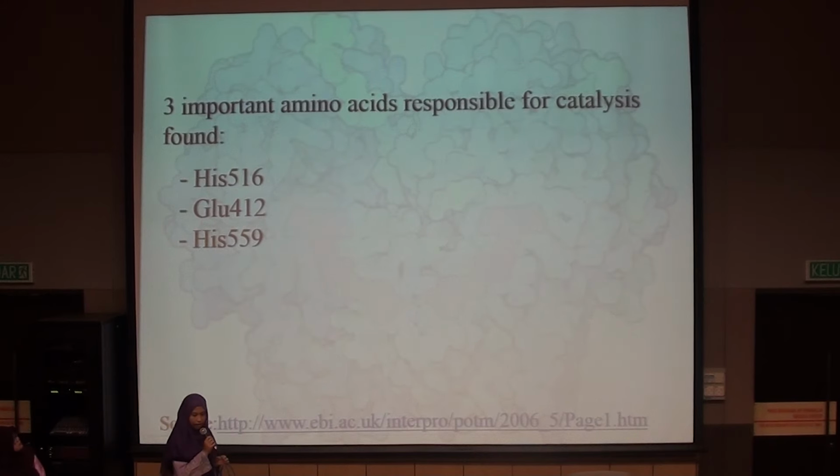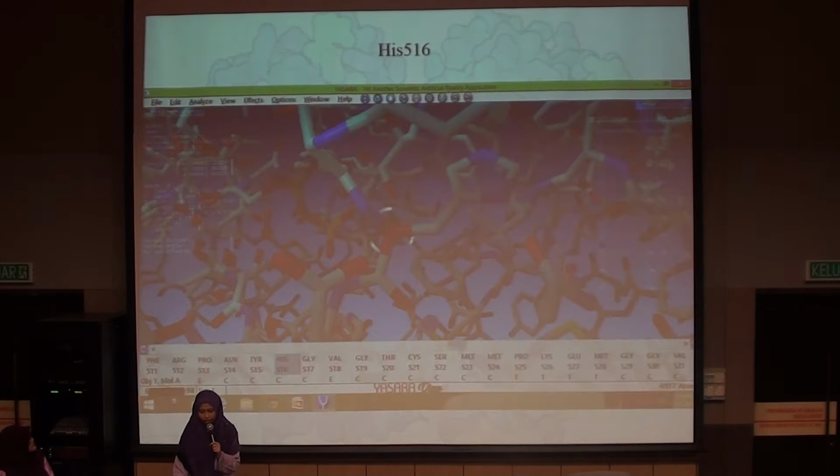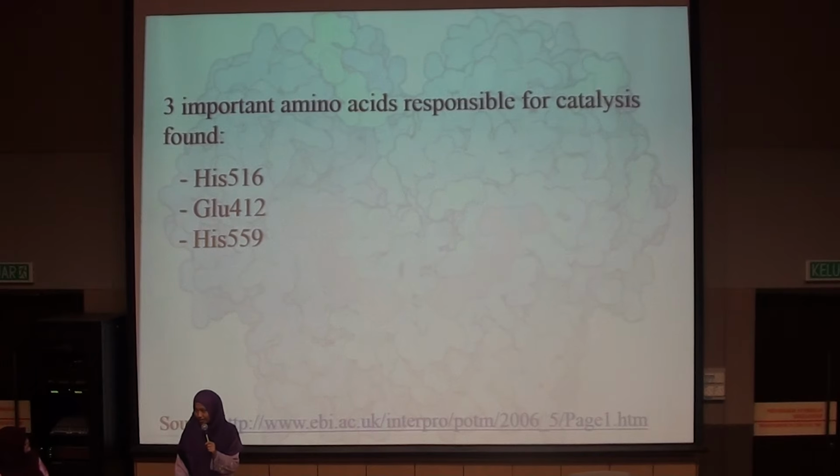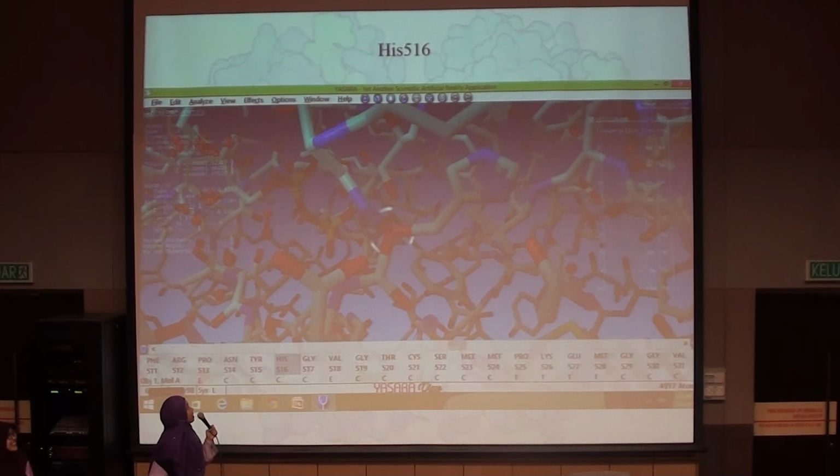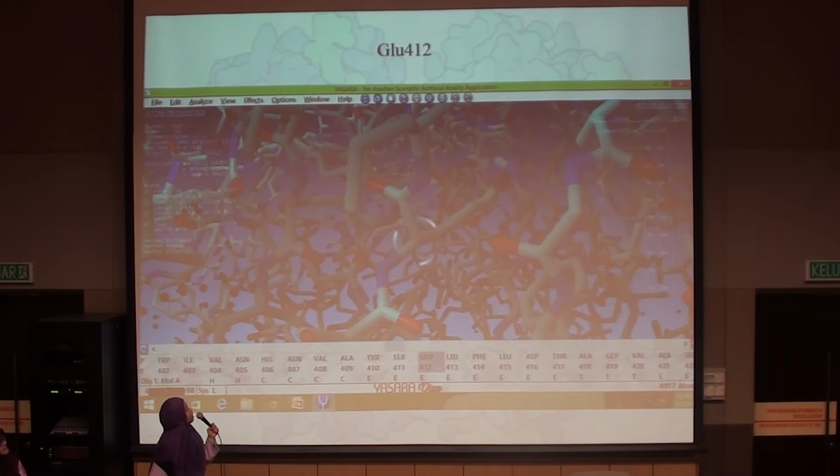Okay, so there are three important amino acids responsible for catalytic activity, which are histidine 516, glutamate 412, and histidine 559. Okay, so this is the 3D structure for histidine 516.